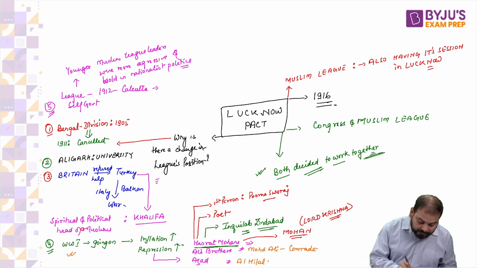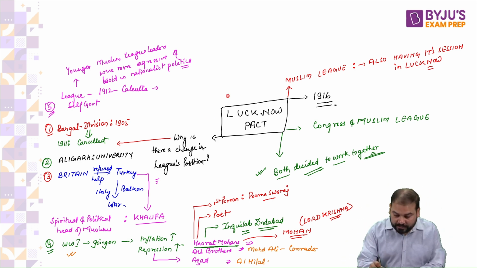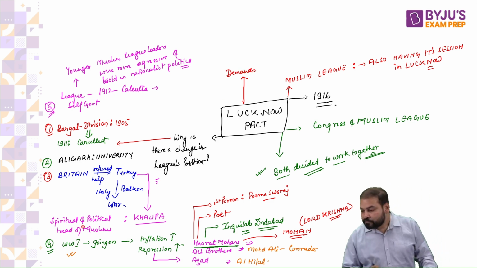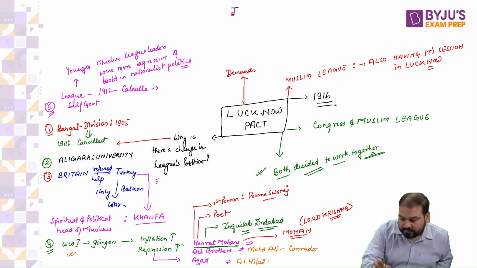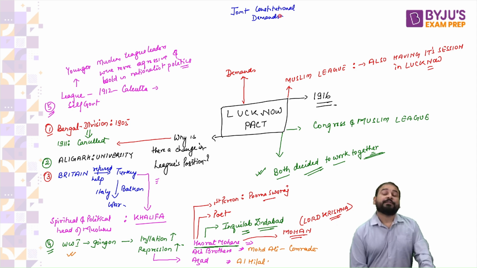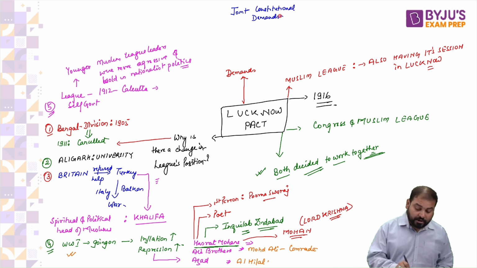Everyone, last point and we are done with the Lucknow Pact. Tell me, what will be their demands? Their demands were joint constitutional. That is, the Muslim League said that we will accept all the constitutional demands of Congress.